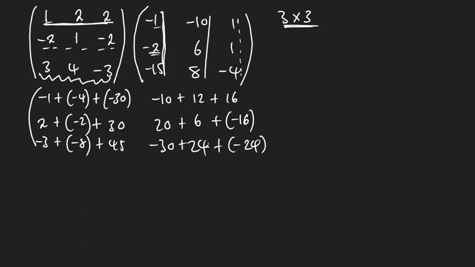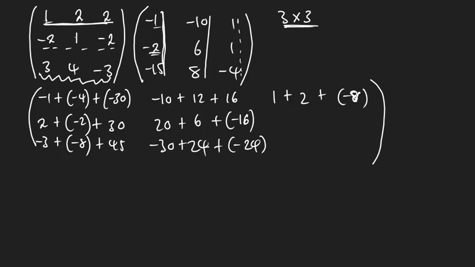So it's always the first one, the row by the column. 1 multiplied by 1 is 1, plus 2 multiplied by 1 is 2. 2 multiplied by negative 4 is negative 8. Then we close the bracket. Okay, we go to the next one.